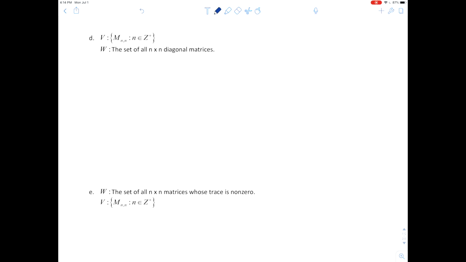If you add two diagonal matrices, do you get a diagonal matrix out? Yep. What if you have a scalar times a diagonal matrix? Do you get a diagonal matrix out? Yes. So let's show it in general. We know that W is a non-empty subset of all square matrices, right?